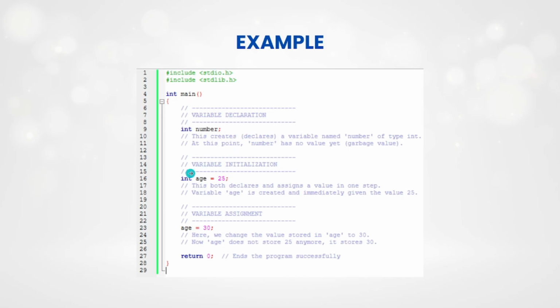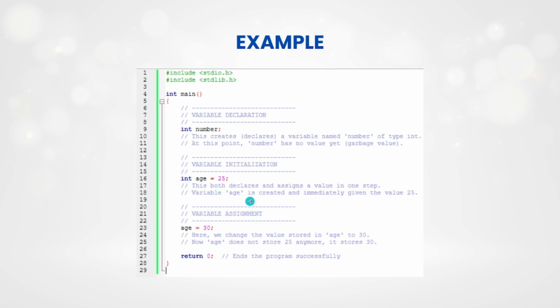Next, we have variable initialization. You have a variable name age with a data type int and a value 25. So this both declares and assigns a value in one step.